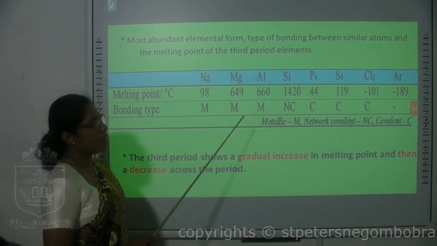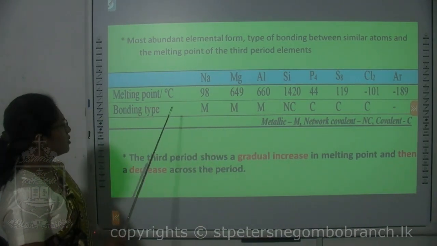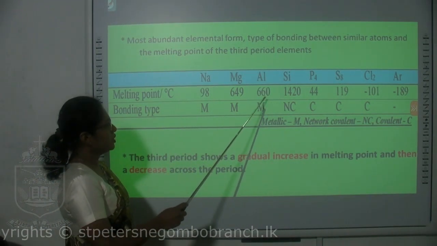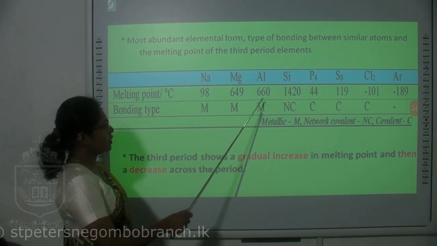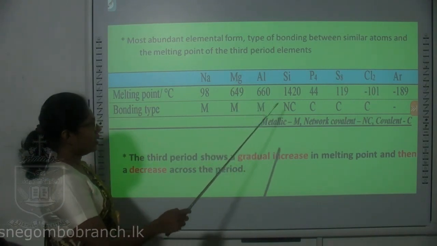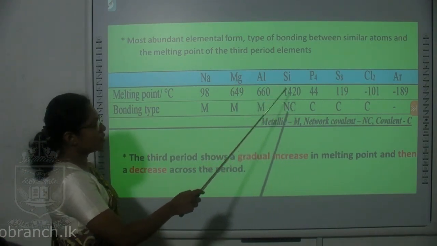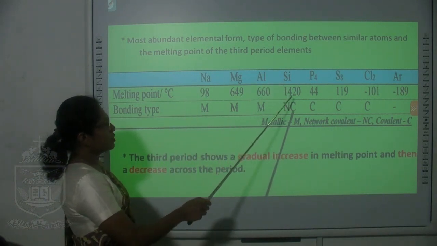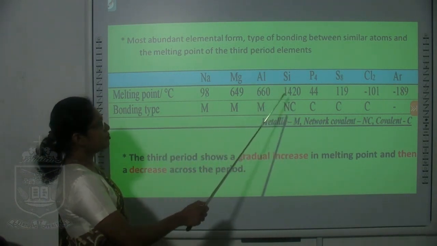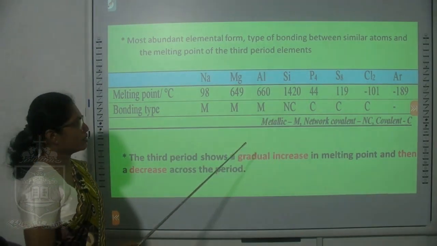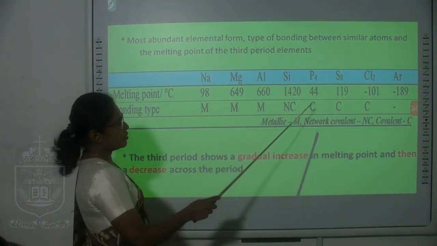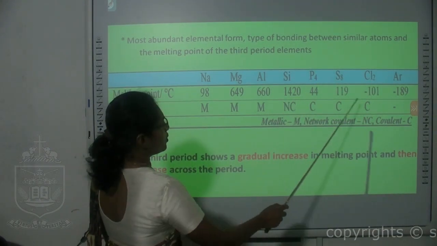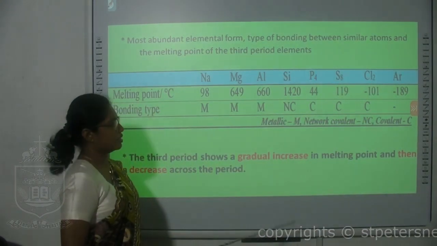If we take the values, the melting point from sodium to aluminium decreases, and silicon shows the highest value. From sodium to silicon, the melting point increases, and after that from phosphorus to argon, the melting point gradually decreases.